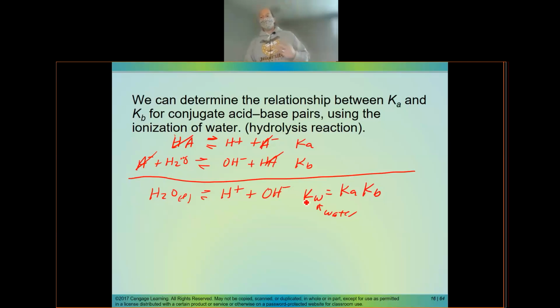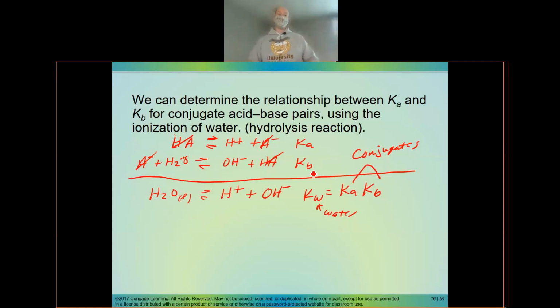All right, now Kw does not equal any Ka and any Kb. You can't just pick any Ka and Kb. It has to be from a conjugate acid-base system. It has to be conjugates. All right, and so if you have HCN and you have CN minus, it's going to work out. If you have HCN and you have F minus, they don't cancel.